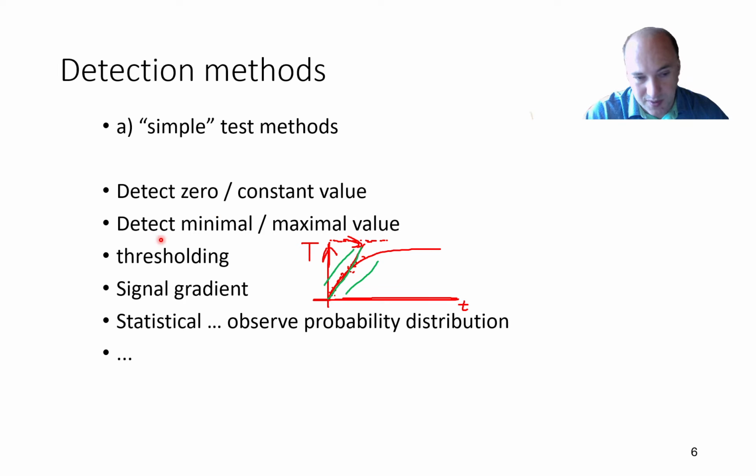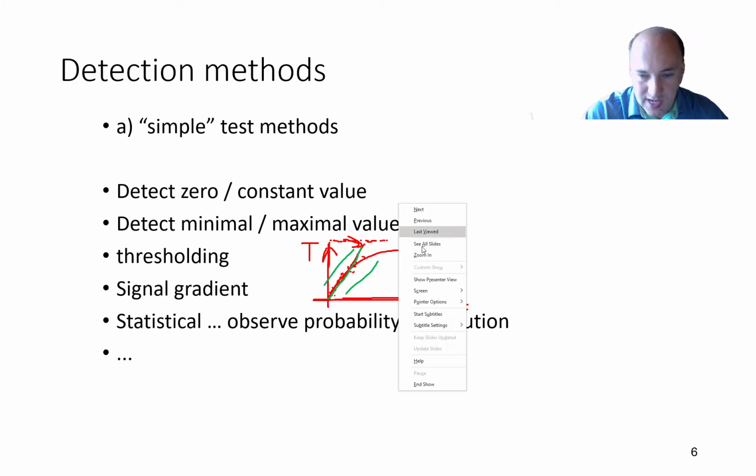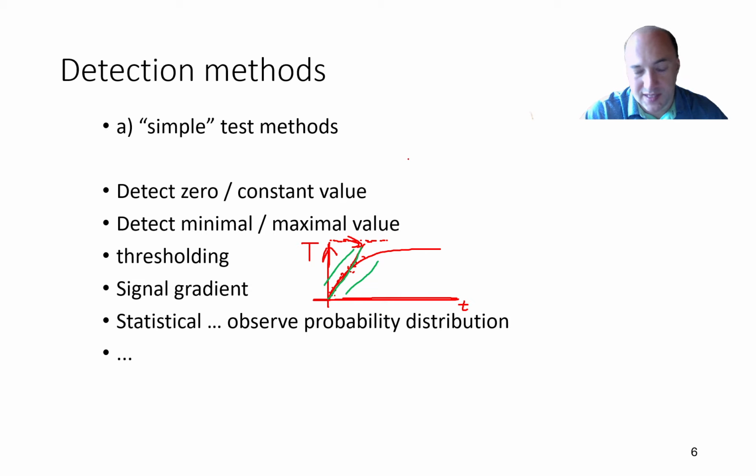The second possibility that I would like to discuss is the detection of a minimal or maximum value. So again, let me use my temperature example, and let's say we will measure temperature with a thermistor. So a thermistor is a resistive temperature detector that changes resistance with temperature, and typically it's connected like this.